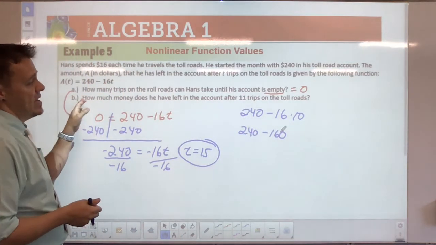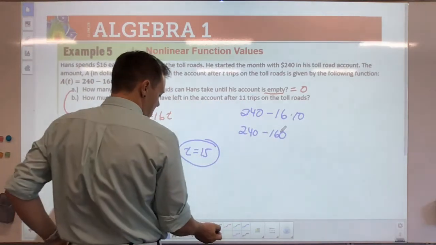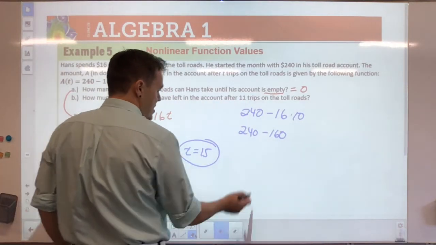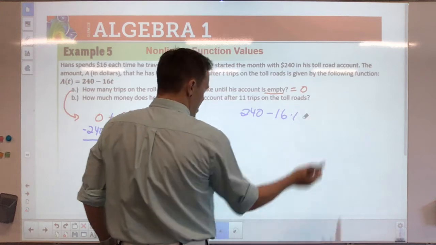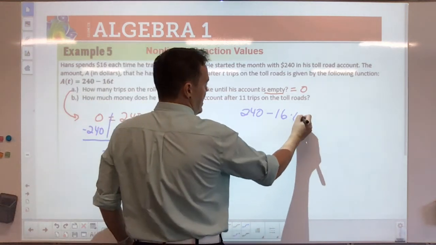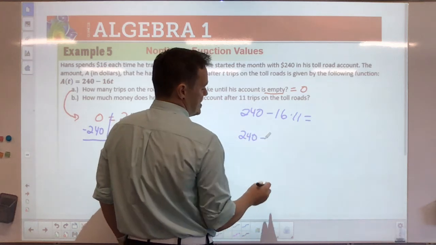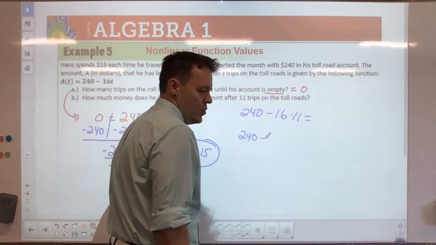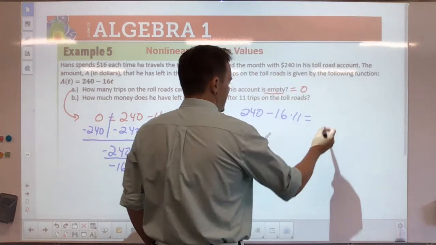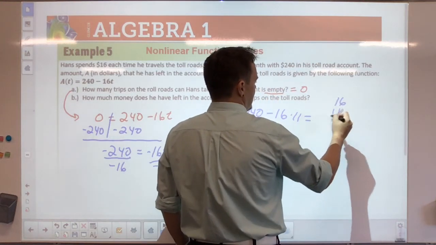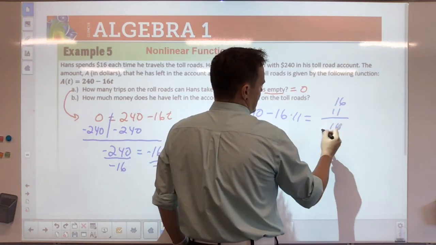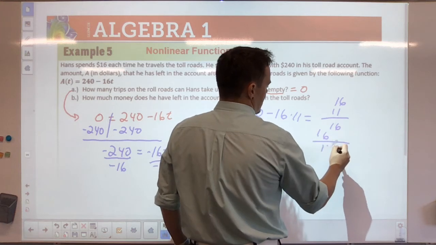But because it also has in this, after 11 trips, how much does he have left on his toll account? Okay, so instead of doing this, you would actually put in the number 11, right? So you would change this now to 240 minus, and then it'd be 16 times 11, which I don't have that number off the top of my head, so let me do it. So this would be 16 and that's 16, so that's 176.